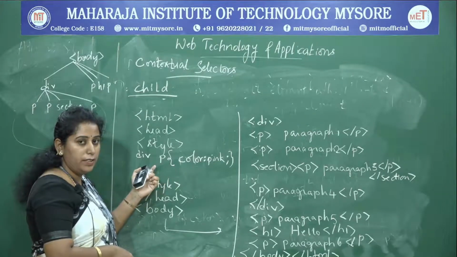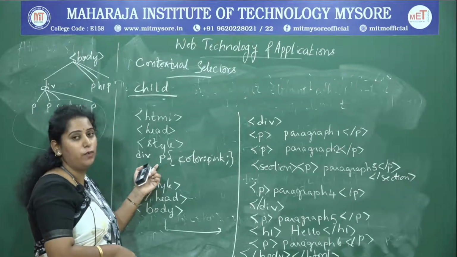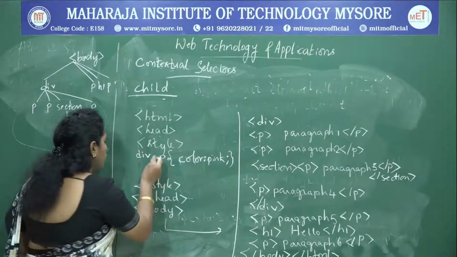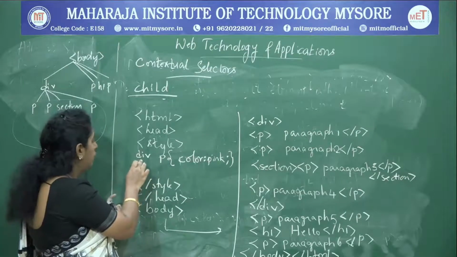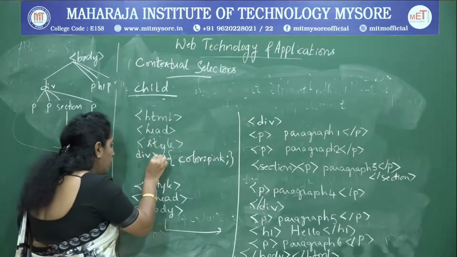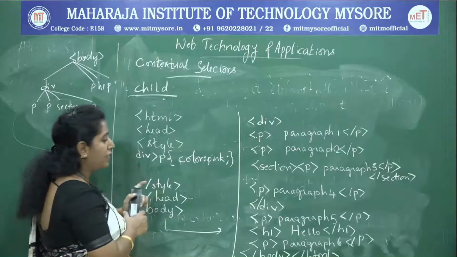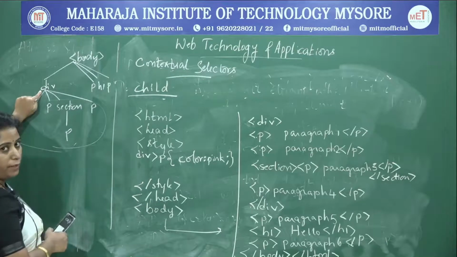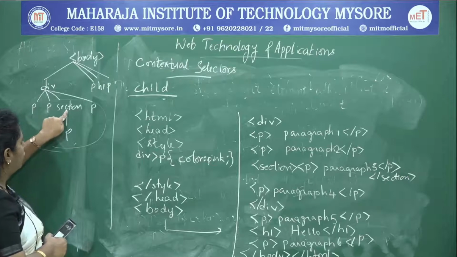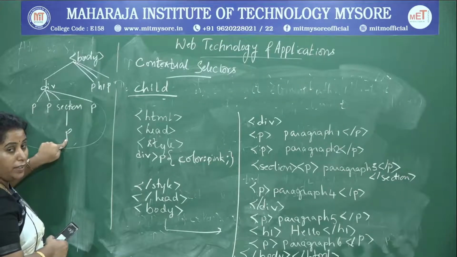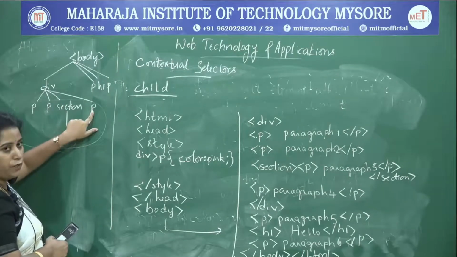Now how it works means, only this child matches the first child of the parent. Before, this was the selector type used for matching descendants, right? For child you have to use this one. So now for this div tag, is this the first child? Yes. Section, here I have P, this is not the first child, this is the first child.